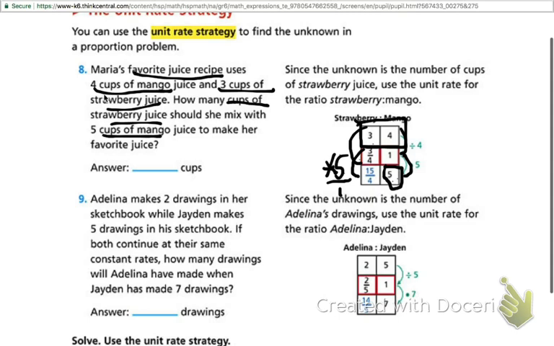So 1 times 4 is 4, 5 times 3 is 15, and the answer is 15/4, or 3 3/4.